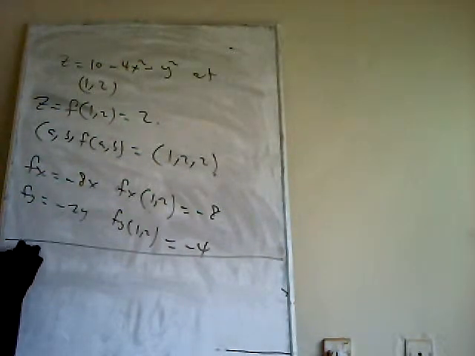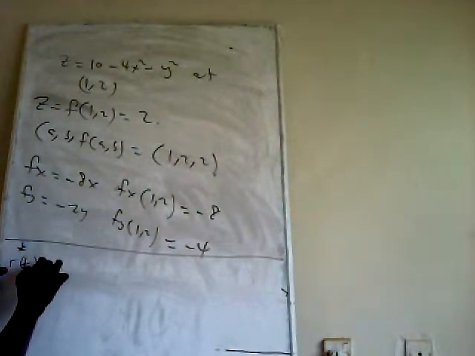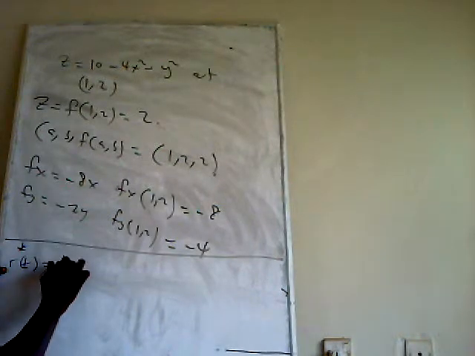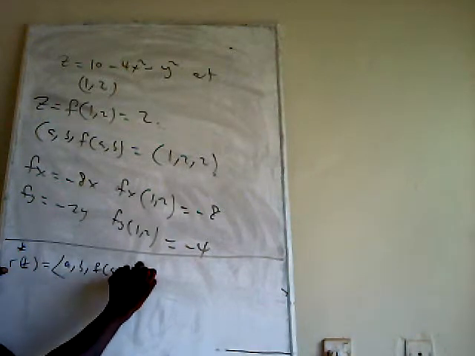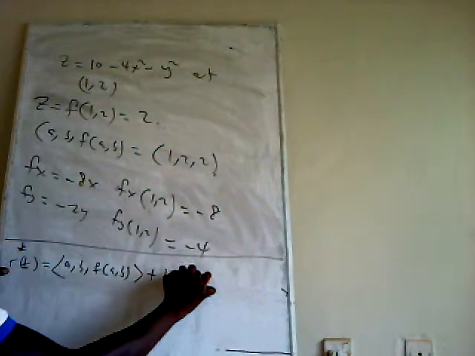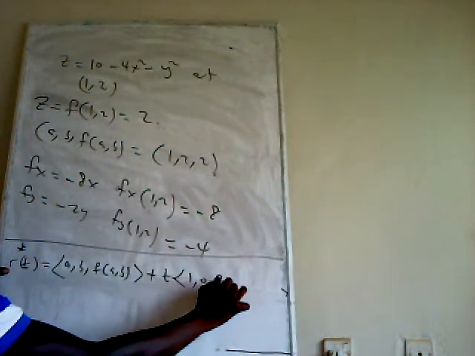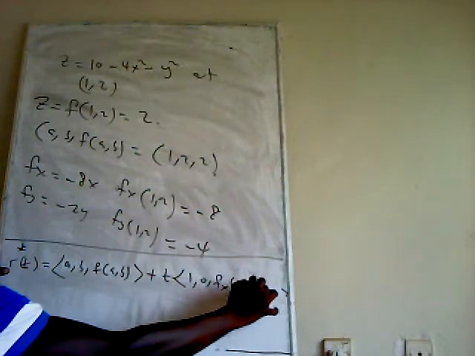So the first one, which is r of t, equal to a, b, f of a, b plus t 1, 0, fx at a, b.